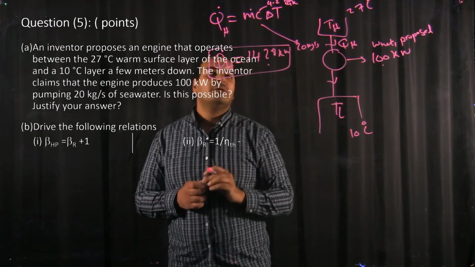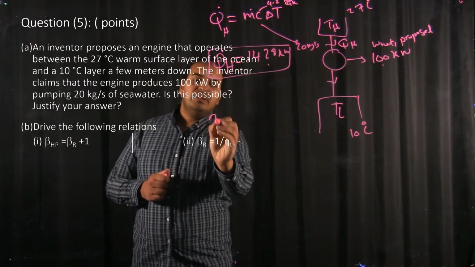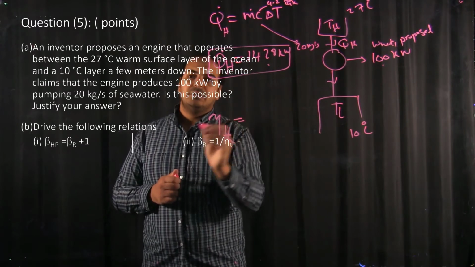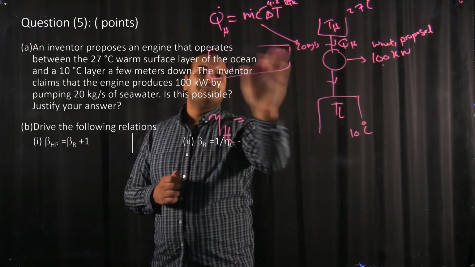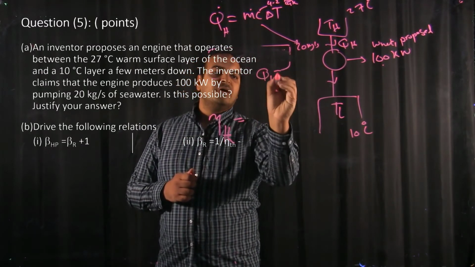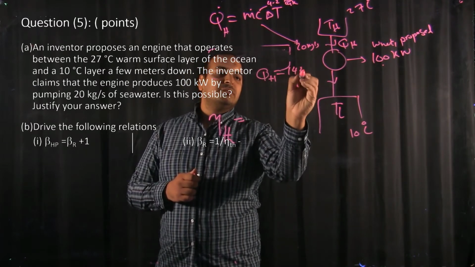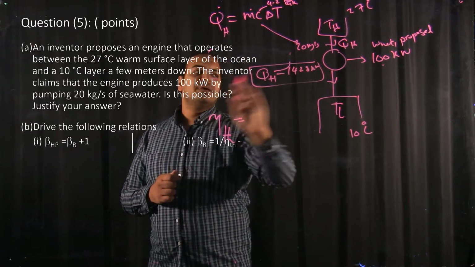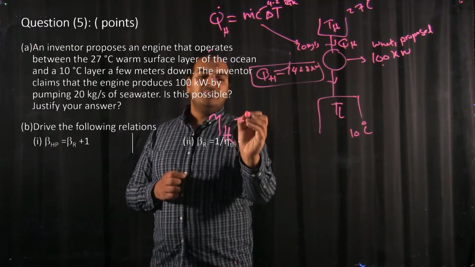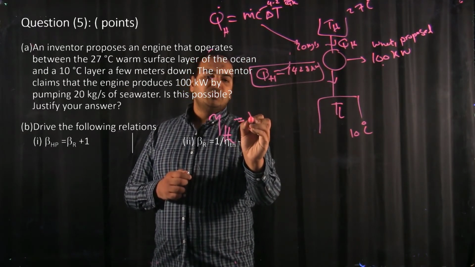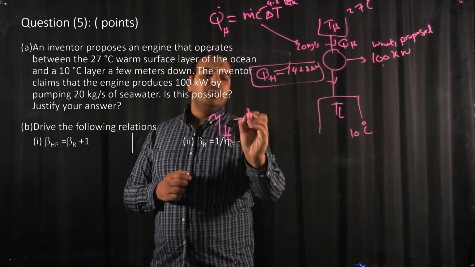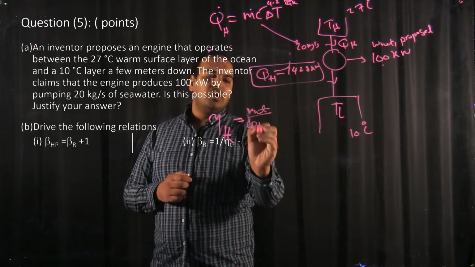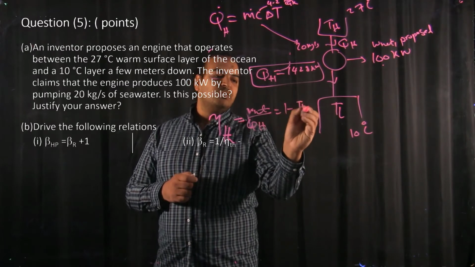That's good so far because it's bigger than 100 kilowatt. However, eta thermal has two definitions: either W net over Q high, or 1 minus T low over T high.